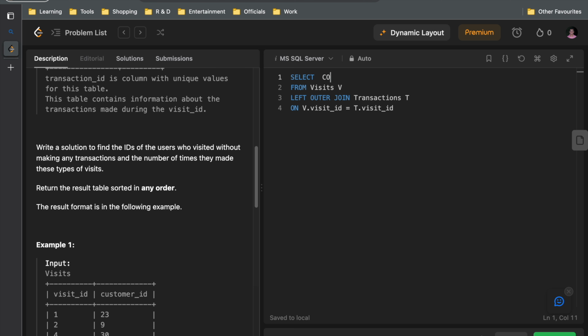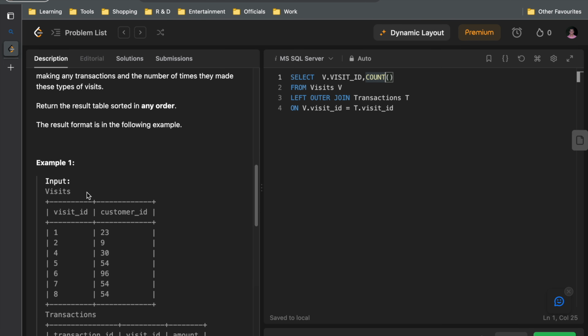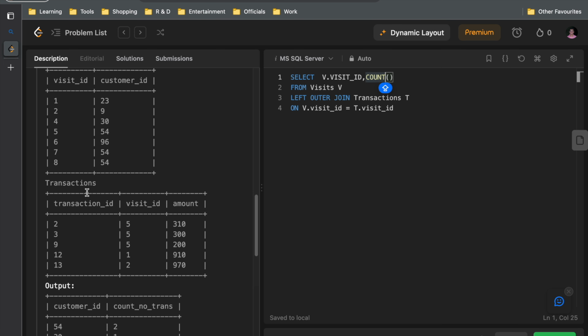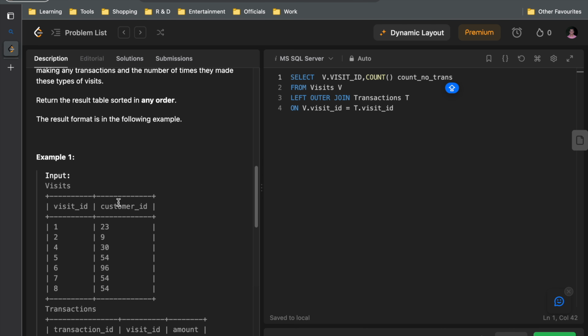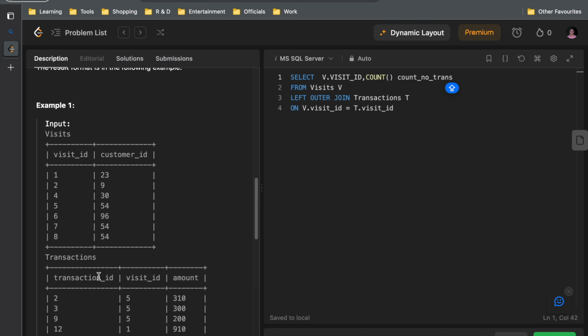What they want is the visit_id first, so let's take visit_id, comma, COUNT of transaction_id.